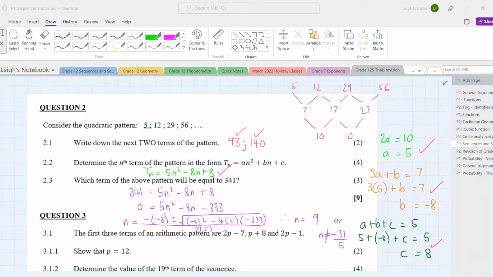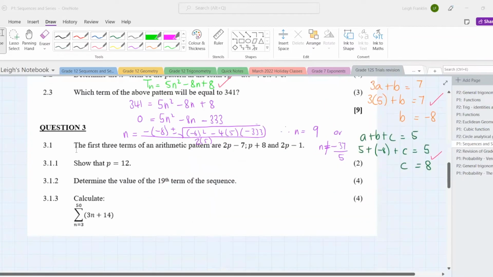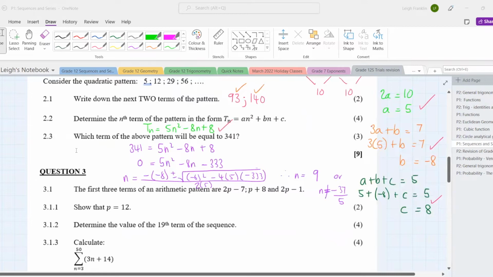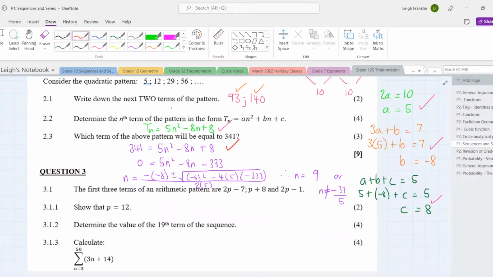Very important if you want 3 out of 3. So your marks here, Matrix, would first be allocated for equating Tn to the formula, then for factorizing or subbing into the quadratic formula, and then here for your answer.